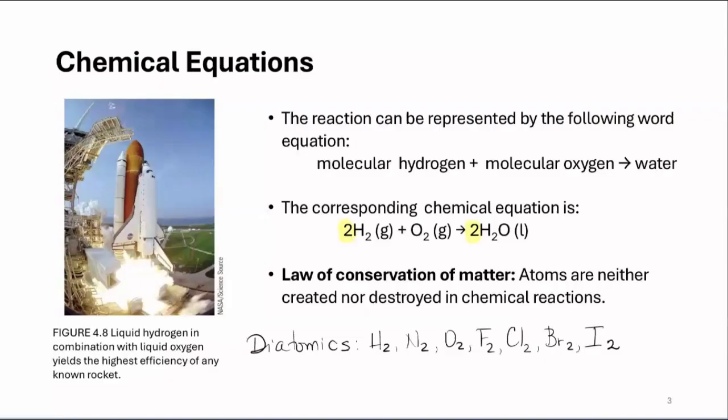As you can see, I'm going to create a table in which I'm going to write the number of atoms of hydrogen and oxygen that I have in the reactants versus the products.